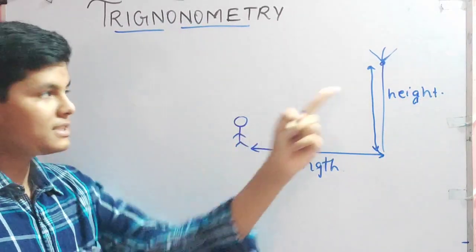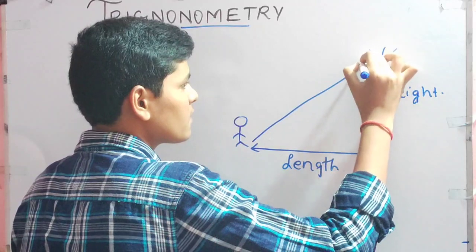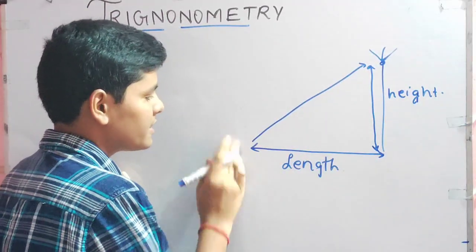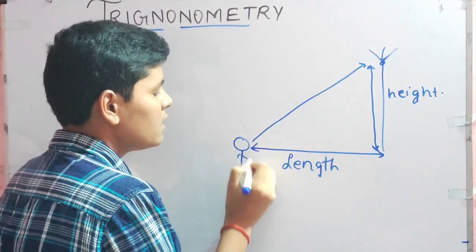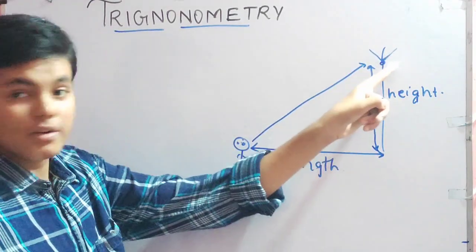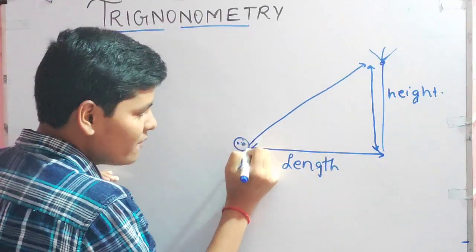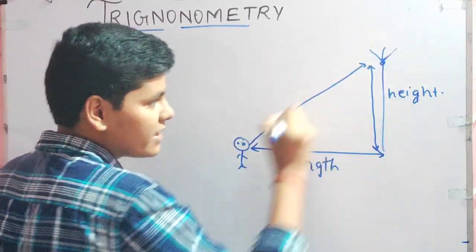Now how am I watching the fruit? I am watching it like this. Imagine I am somewhere over here, watching the fruit over here. So now this is the length. When I am watching it, I am making a triangle.